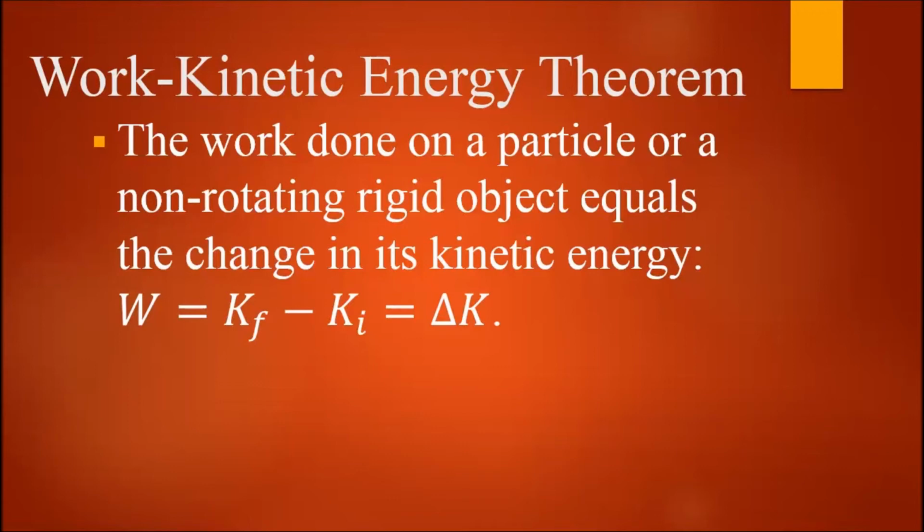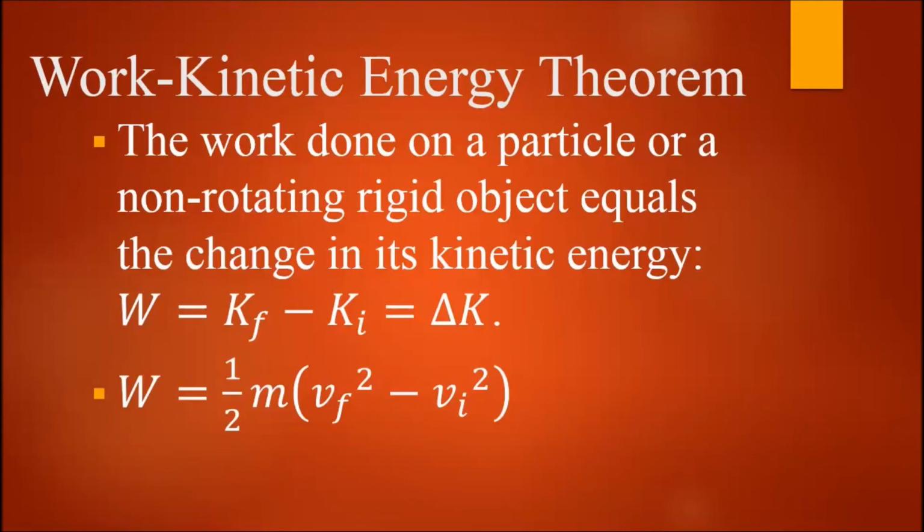That is, the final kinetic energy of the object or particle minus the initial kinetic energy. This is the same as 1/2 times the mass of the particle or rigid object times the difference in squares of its final velocity and initial velocity.